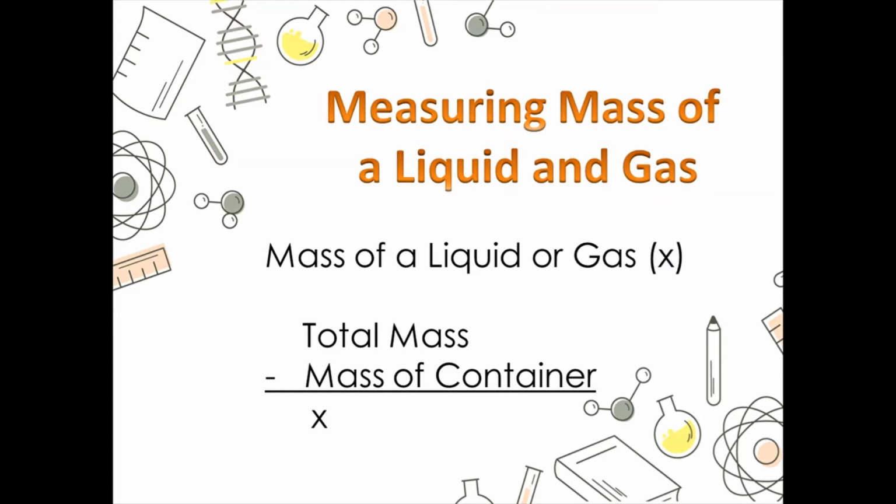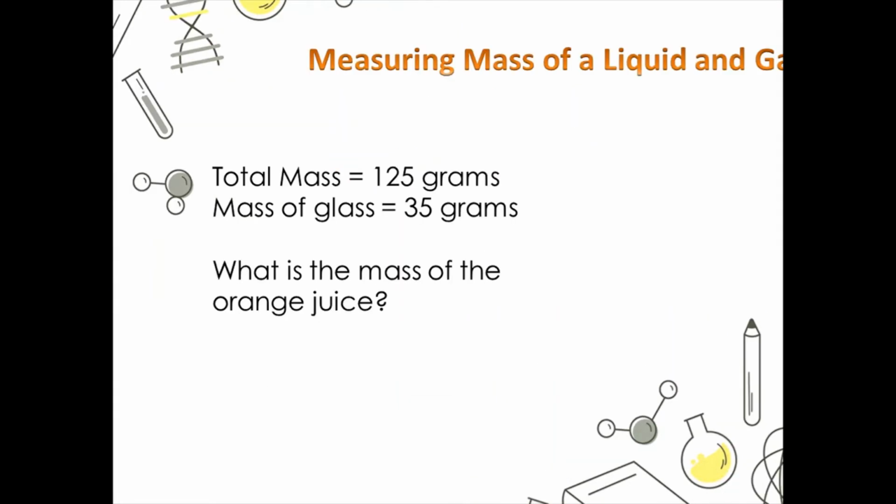Did you get it? For more examples, let's look at this problem. So first we have the total mass, which is 125 grams. So this is your orange juice. Now, the mass of your glass is 35 grams.